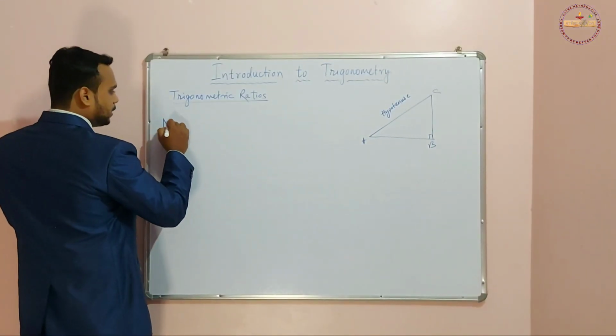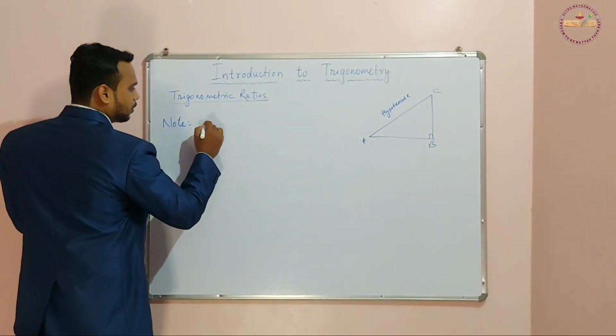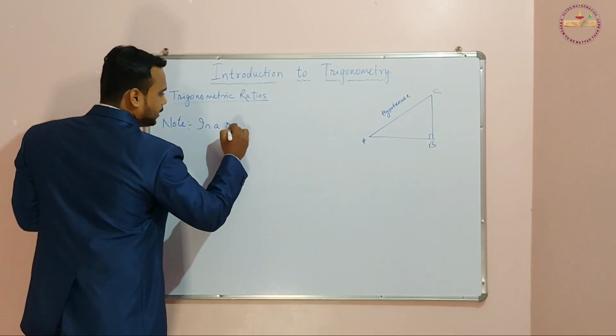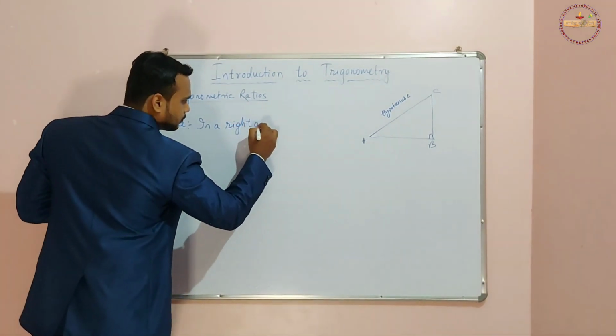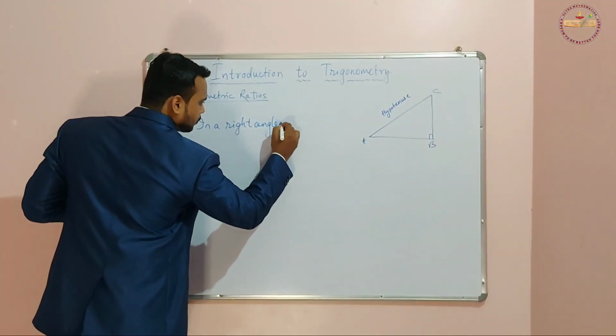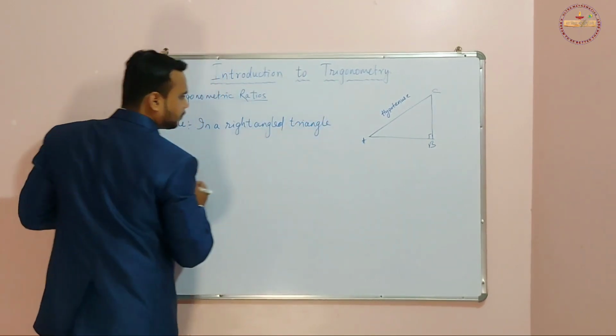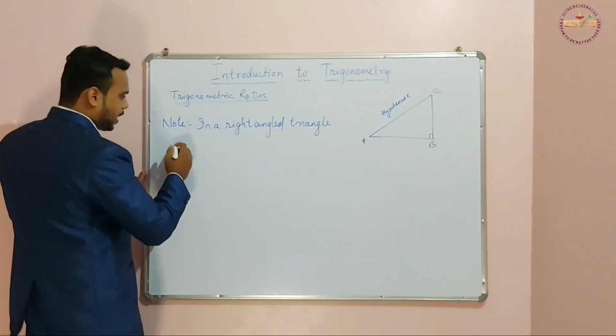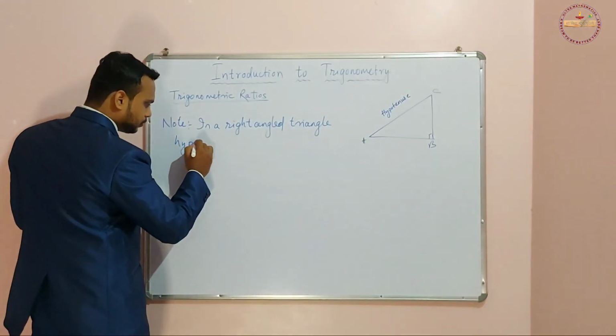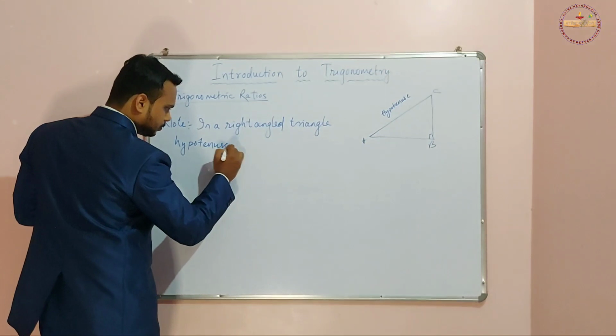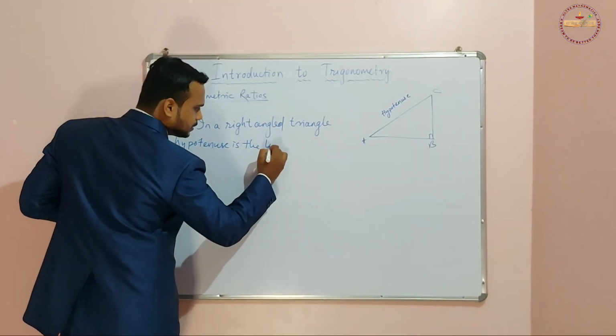So here I will write it as a note. In a right angle triangle, the hypotenuse is the longest side.